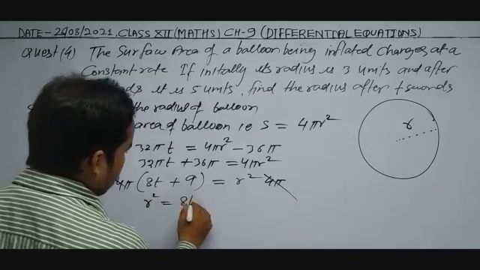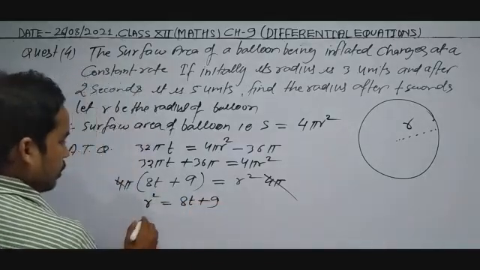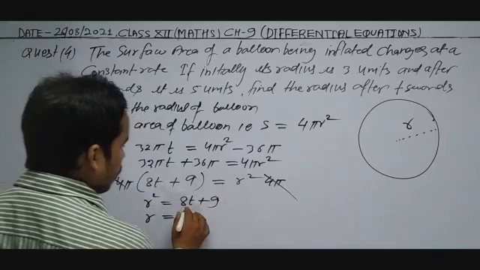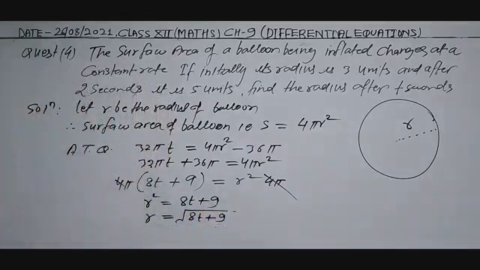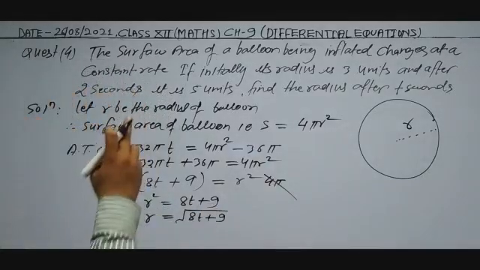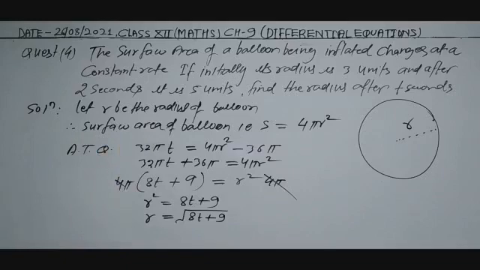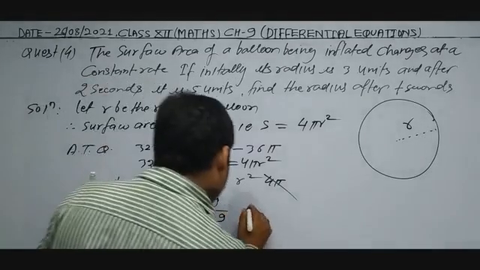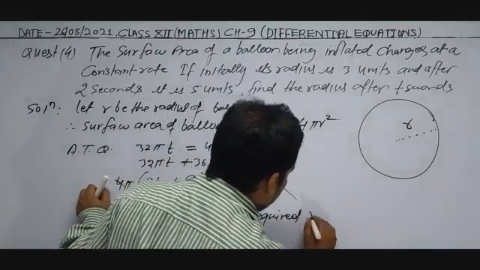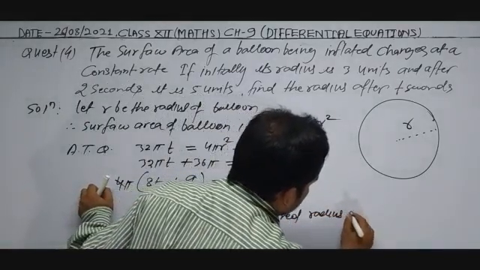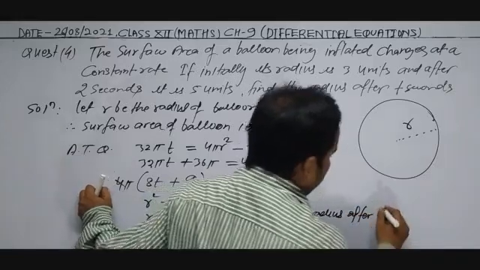So r square is 8t plus 9, and now r will be the square root of 8t plus 9. This is the required relation, or the required radius after t seconds.